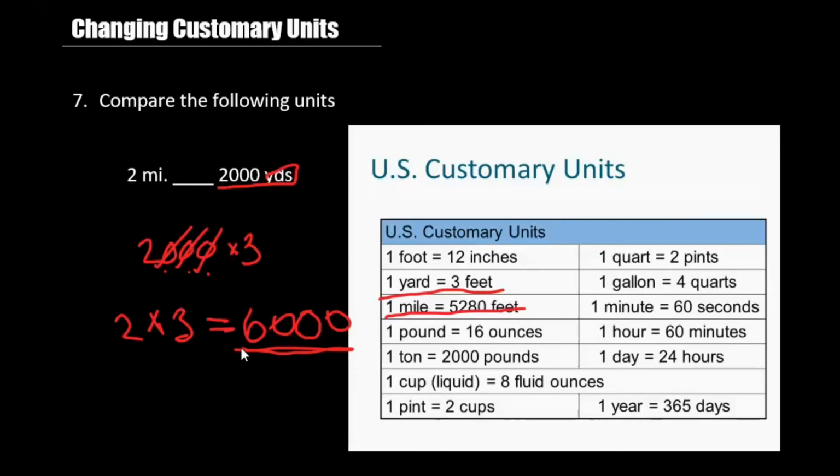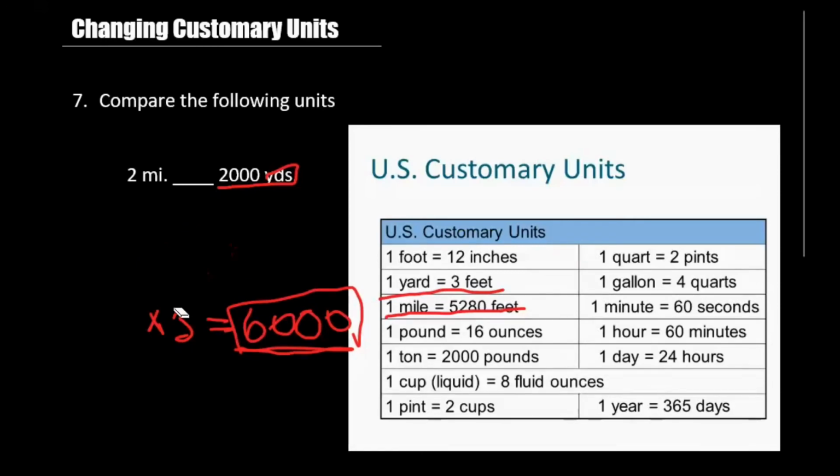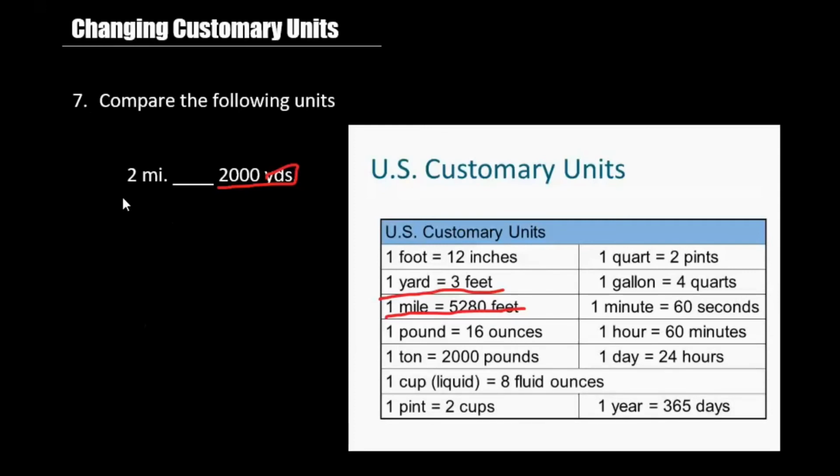But we're not done yet. So let me rewrite this. We haven't solved for 2 miles yet. We just know that 2,000 yards is equal to 6,000 feet.